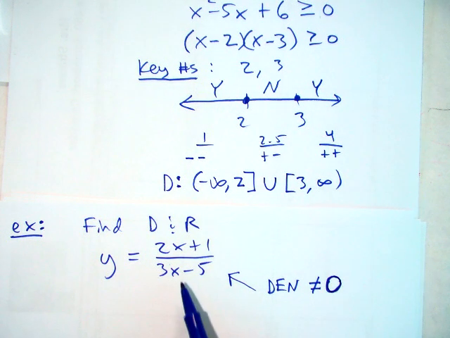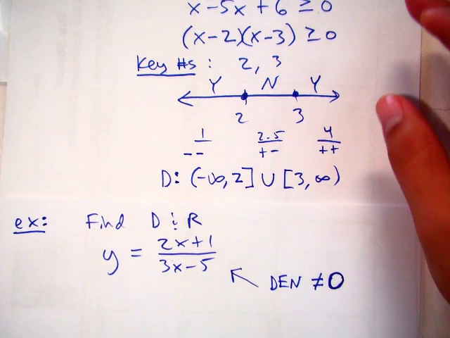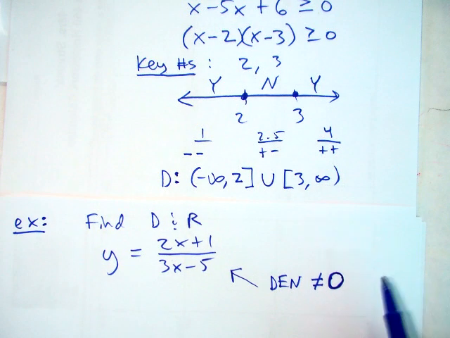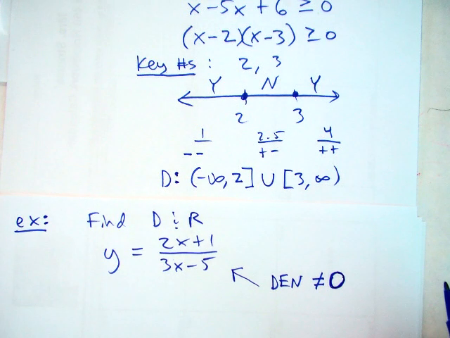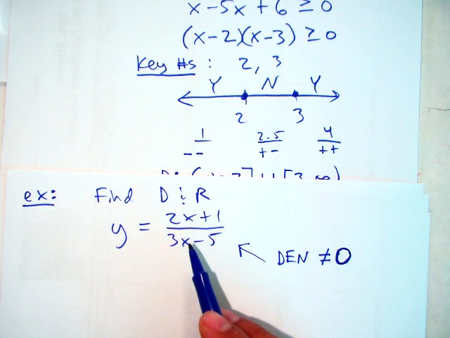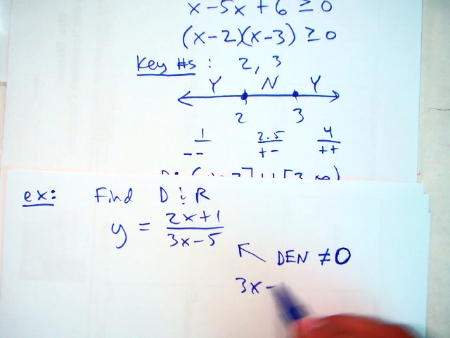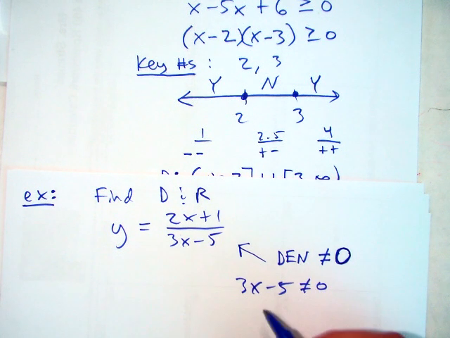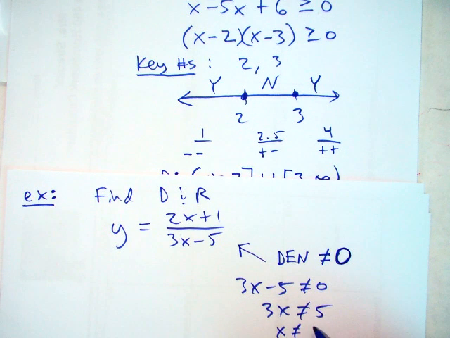Okay? Remember, the easiest way to think about domain, most of the time, is to find the numbers that don't work. And if you find the numbers that don't work, then everything else has to work. Right now, we know what doesn't work? 3x cannot equal 5, so x cannot equal 5/3.